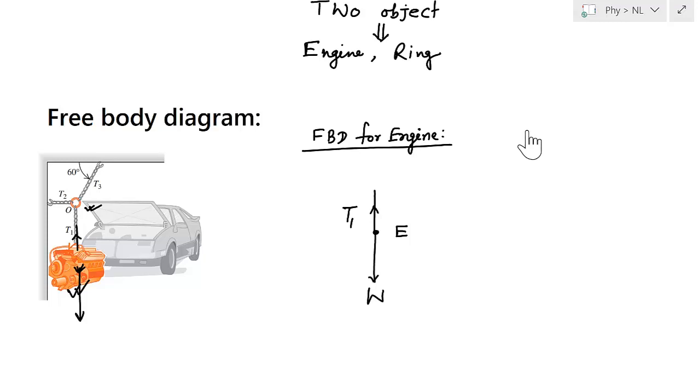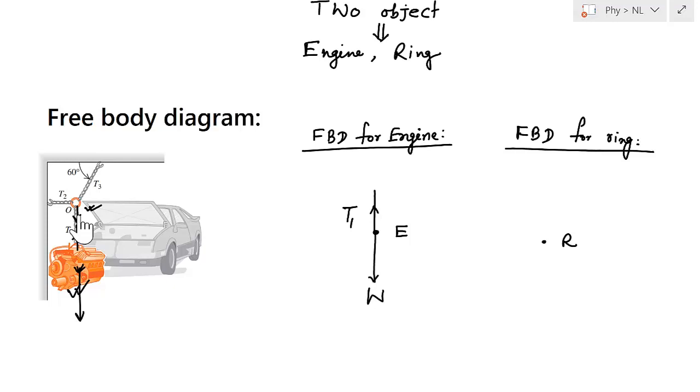Now similarly we can draw the free body diagram for the ring. Once again we can show the ring as a point mass. This point denotes the ring, and this ring is massless, so there is no weight acting. What are the forces acting? One force is tension acting in the downward direction, and this tension will be T1 because this is a massless chain, so each point of this chain will have the same tension.